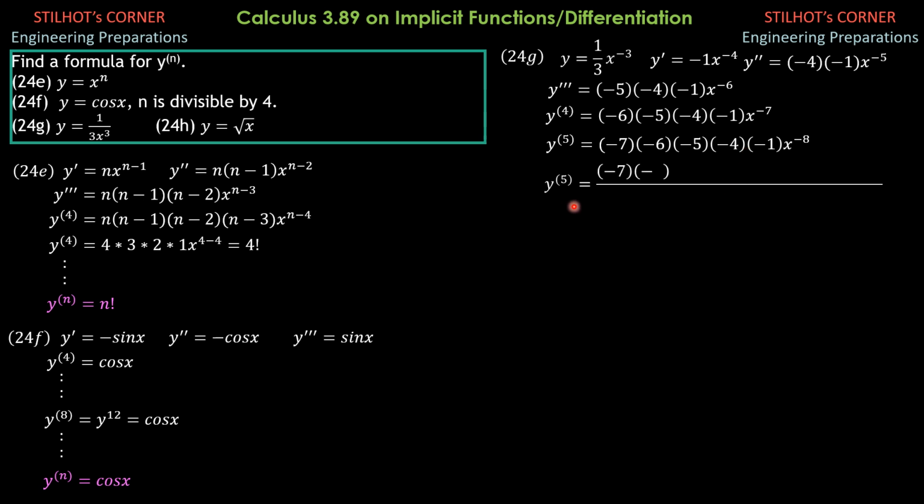So y to the fifth is negative 7, negative 6, negative 5, negative 4 times negative 3 times negative 2 times negative 1 x to the negative 8 times quantity. Because we inserted negative 3 and negative 2, we also divide by negative 3 and negative 2 to make it 1, or it will go back to the original value.